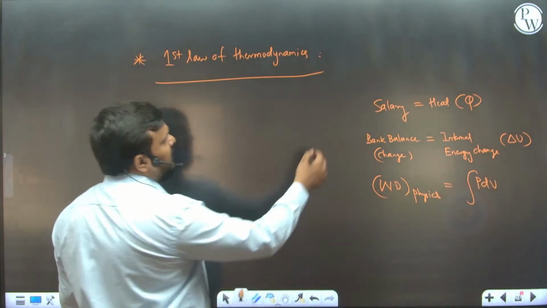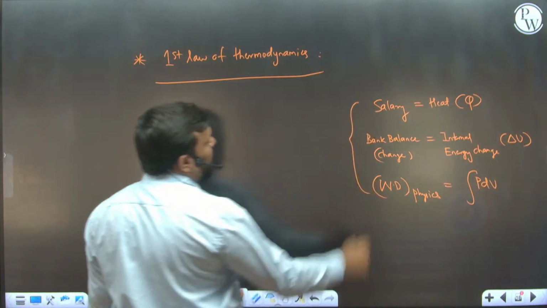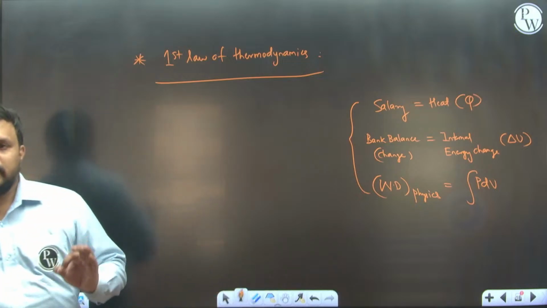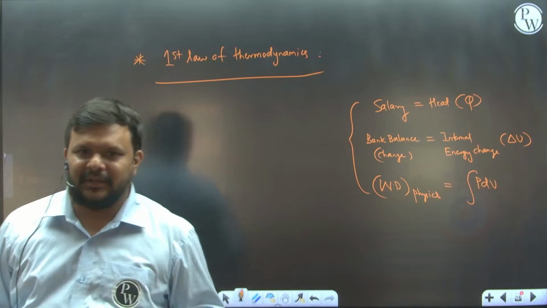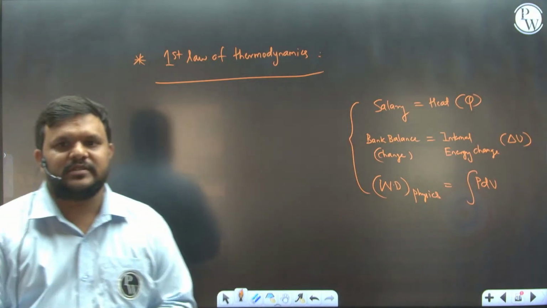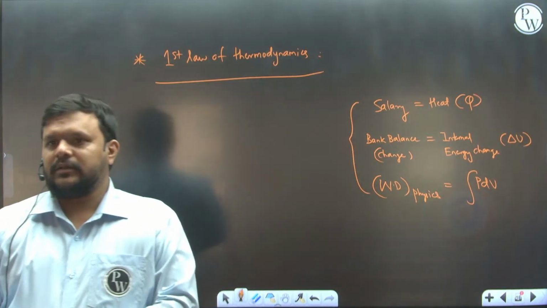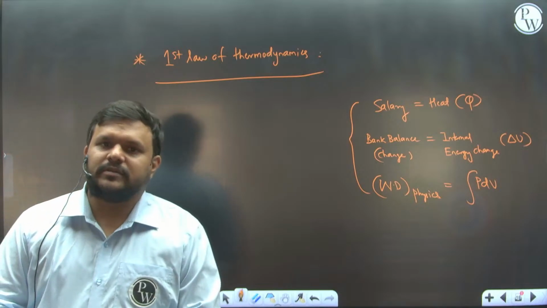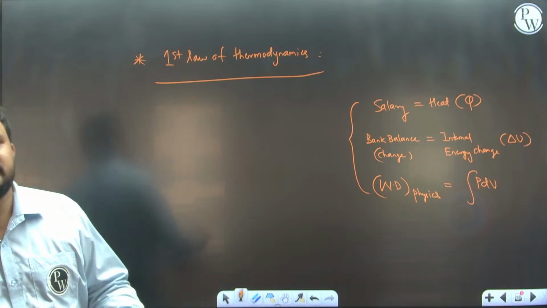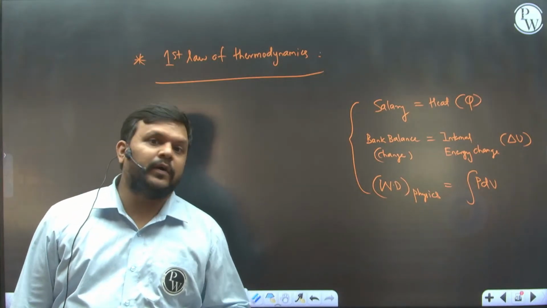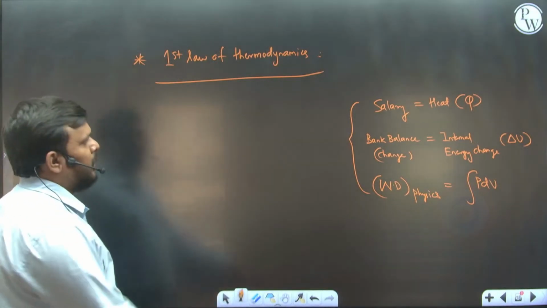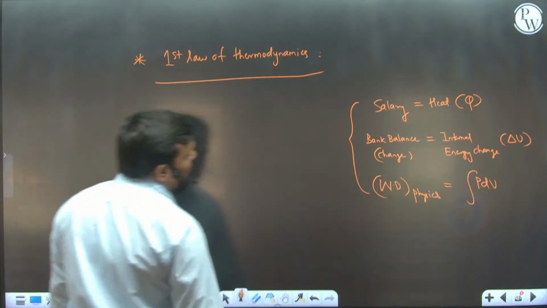So what is the relation? I am comparing it with day-to-day life. For example, a person earns 2 lakh rupees. His salary is 2 lakh rupees. And 50,000 of that goes to expenses, which is like work done. So the bank balance is increasing by 1,50,000.